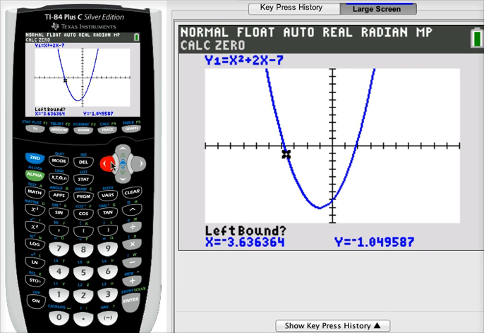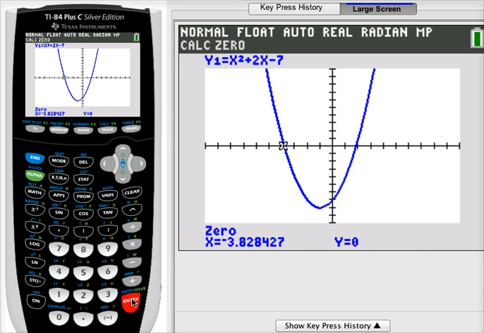So let's start with our left-hand one. I'm going to start with this zero, and it wants me to highlight anywhere left of it. So there, I have gone left of my zero. Now it's asking me to go to the right of my zero. So there, I am now to the right of my zero. And when guess comes up, you don't have to do anything.